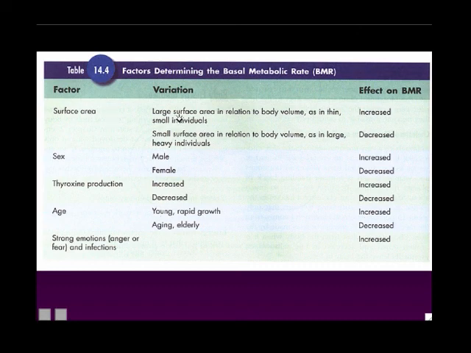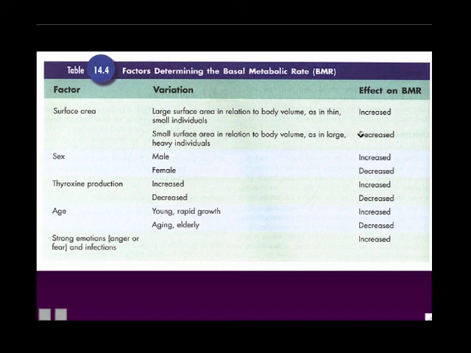People who tend to be smaller individuals naturally tend to have a slightly higher BMR, and people who tend to be larger, like taller individuals, tend to generally have a lower BMR. And I'm not sure why that is, but that's also a general effect.